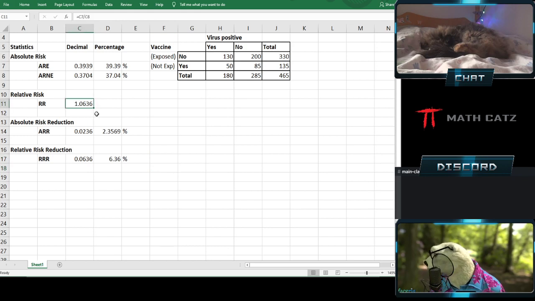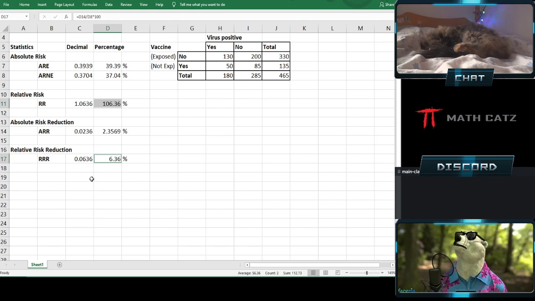If I wanted to make that a percentage here, not for interpretation purposes, but to make my relative risk reduction easier to link, you see here that the relative risk reduction is just the relative risk minus my baseline 100%. So I have a 6.36% increase on top of what would be happening anyway if I took the vaccine or I didn't take the vaccine.